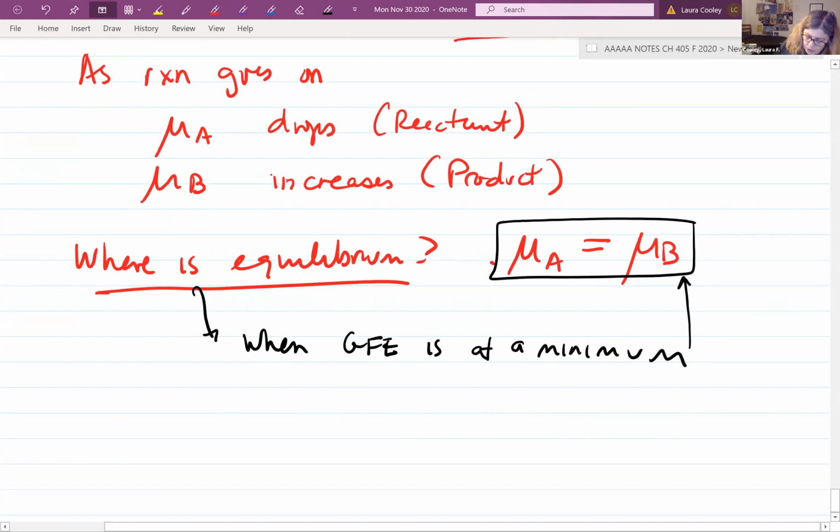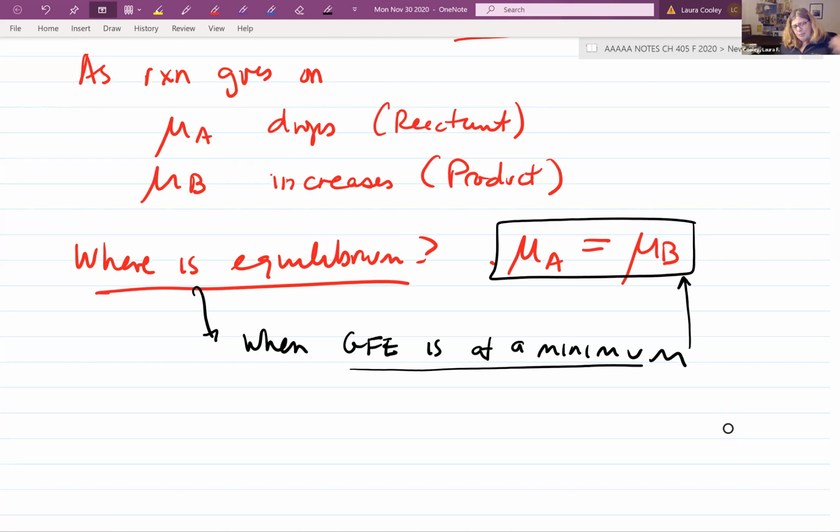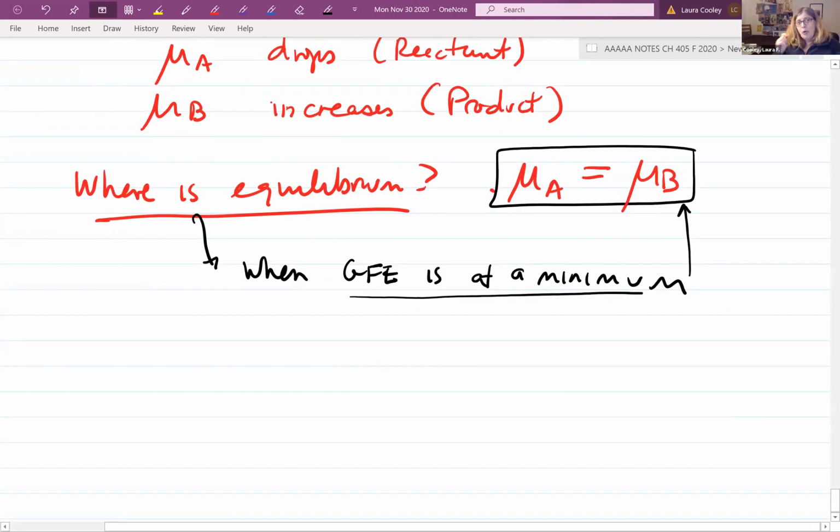So why does it stop when the Gibbs free energy is at a minimum? We're going along with this reaction, the chemical potential of reactants going down, so the Gibbs free energy of reactants going down, and the product going up. But at some point, furthering the reaction is going to actually increase the total Gibbs free energy. So we have to figure out where that point is, because at that point, going in either direction isn't going to change the Gibbs free energy. It's not going to decrease it for sure. We need it to always be spontaneous.